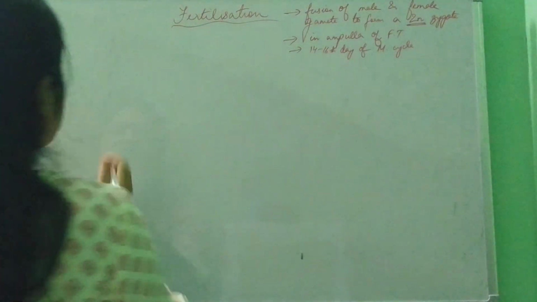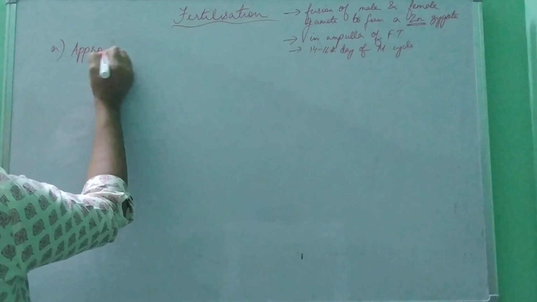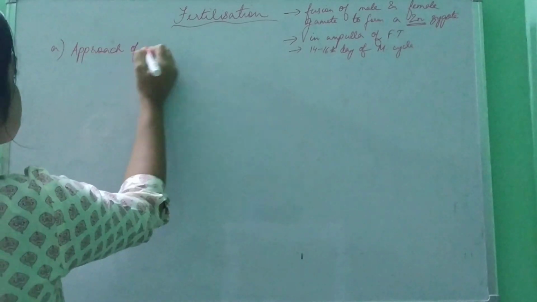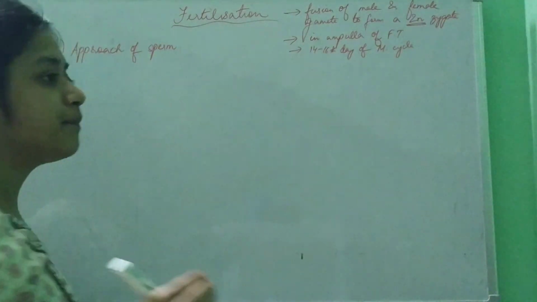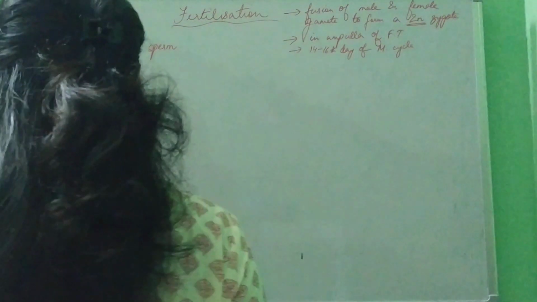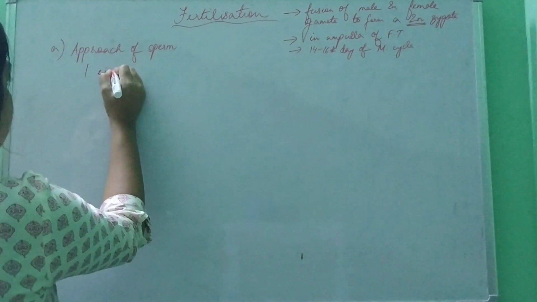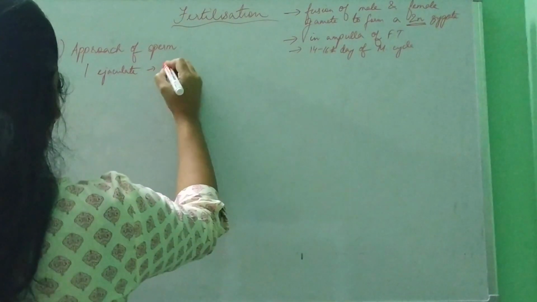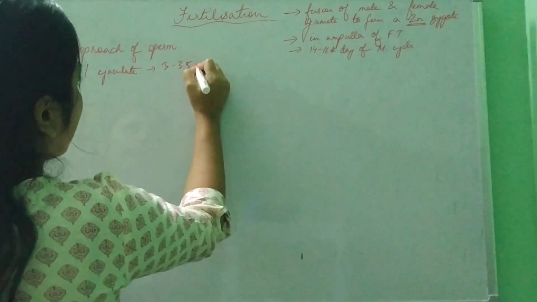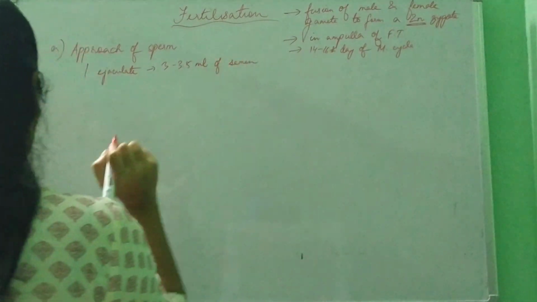Now the different steps of fertilization. First is the approach of the sperm. Approach of sperm means the sperm will enter the female reproductive tract. The sperm should reach the egg. So that is approach. In one ejaculation of a male, about 3 to 3.5 ml of semen is deposited.